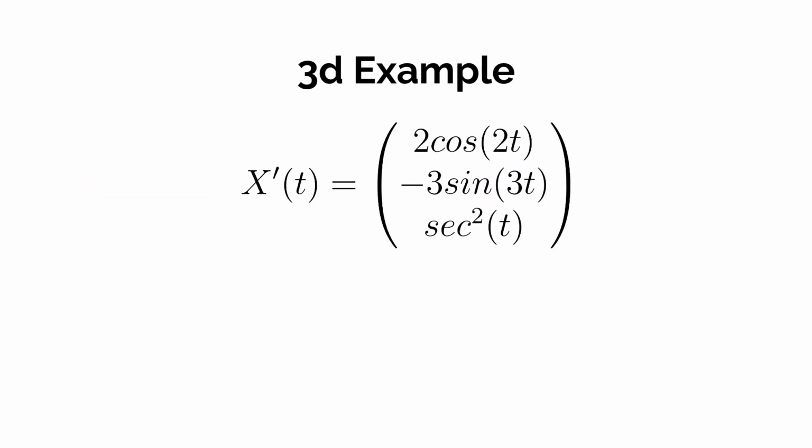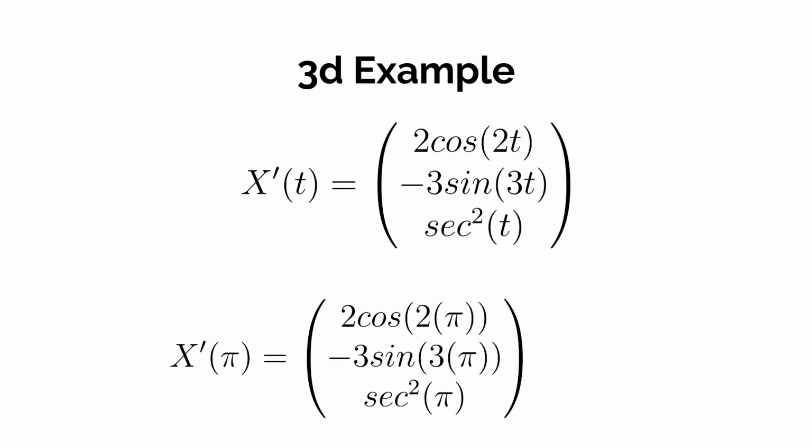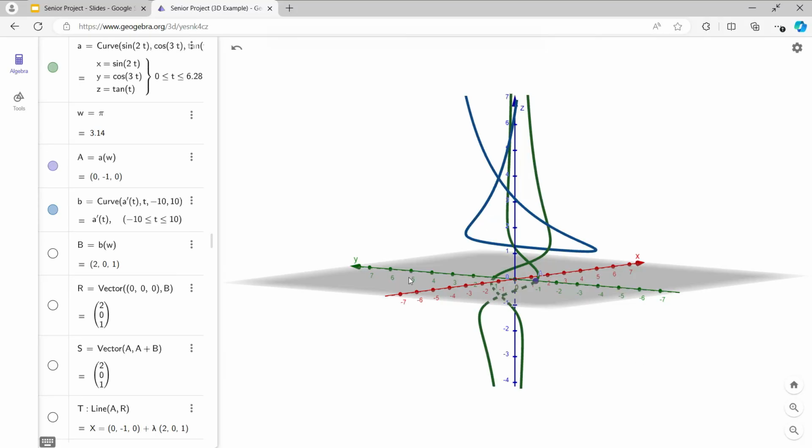Well, that covers the general basis, but now for the particular moment. All we have to do is plug in pi for t again for the derivative function, and once we solve it out, we get the point 2, 0, 1. So let's plot that on the blue curve and label it B.